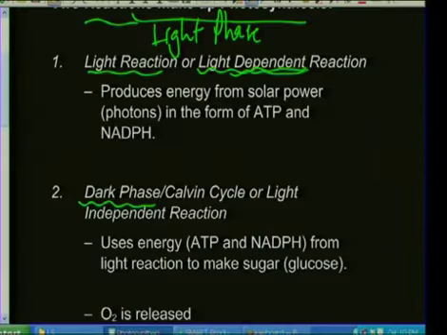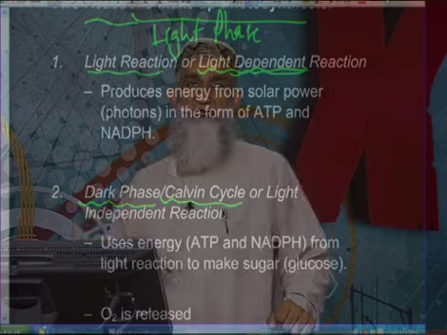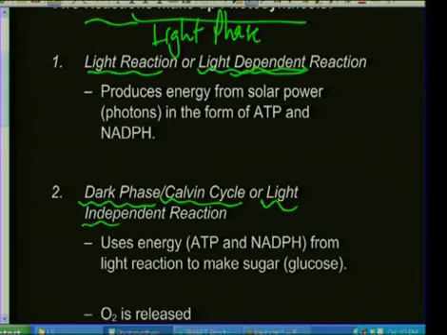And the second part is the dark phase, or we call it the Calvin cycle, because it was found first by Melvin Calvin, a scientist, or we can also call it the light independent reaction. Notice the words, you must be careful here. Light dependent reaction, light independent. Light dependent is depending on light, light is necessary. Light independent, no light necessary.